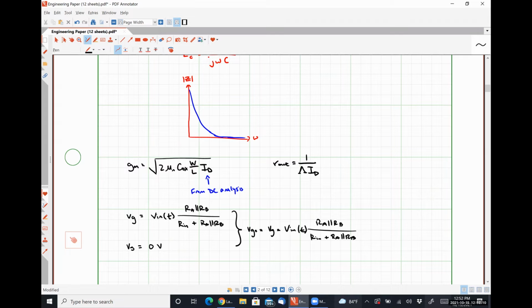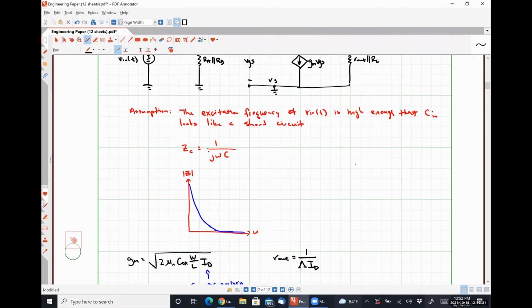All right, now this transistor works by converting that voltage VGS to some current at the output, right?